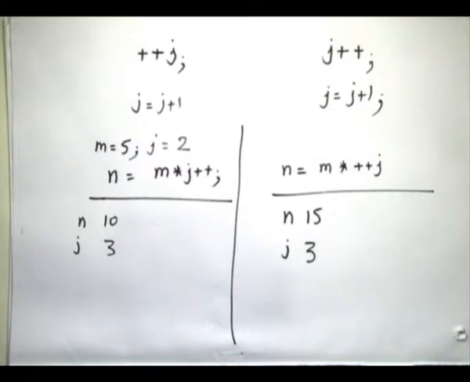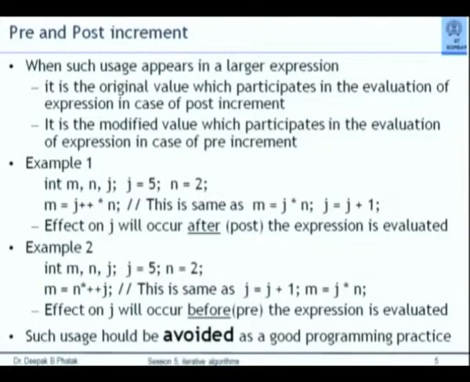So I have discussed this merely to tell you what the rules are, and if you ever see such a construction in any expression in a program, you should be able to understand what it means. But as far as you are concerned, I would suggest avoid using such things, because there is no reason to confuse yourself and to confuse others who read your programs. Is that okay? Fine. That's why the word avoid is written in bold.